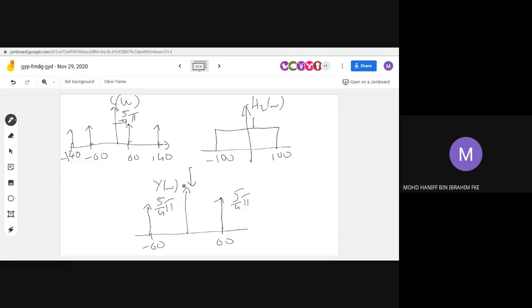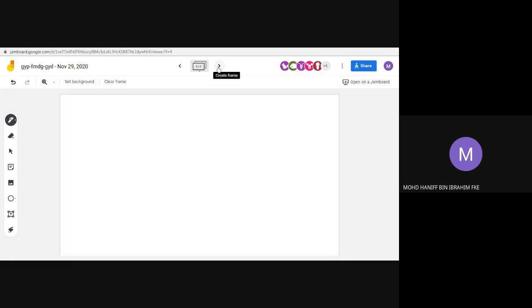So in terms of the equation for y(t), which is the inverse Fourier transform of Y omega, from this Y omega we can write that Y omega is equal to 5 over 4 pi, impulse of omega minus 60 plus impulse of omega plus 60.